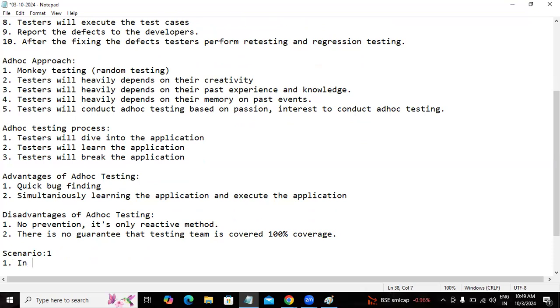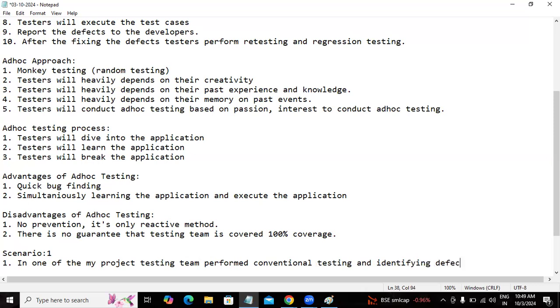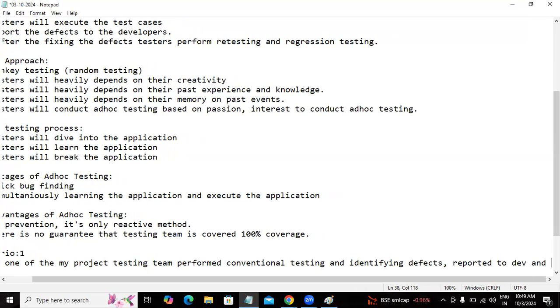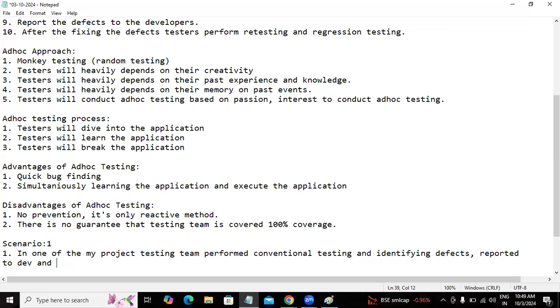In one of my projects, the testing team performed conventional testing, identified defects, and reported them to developers, and the dev team fixed them.